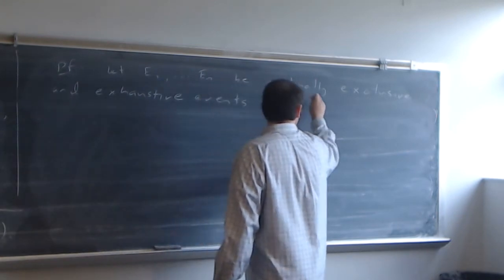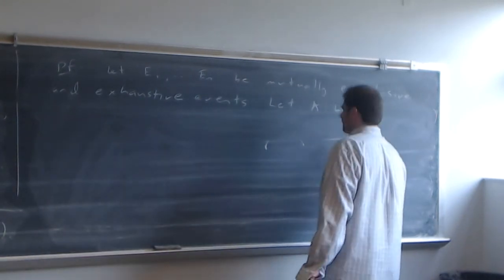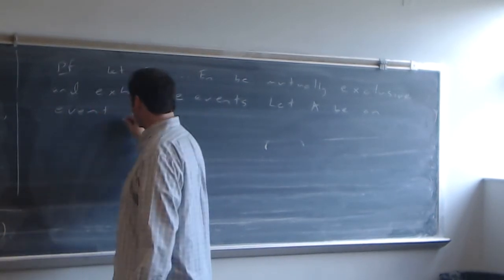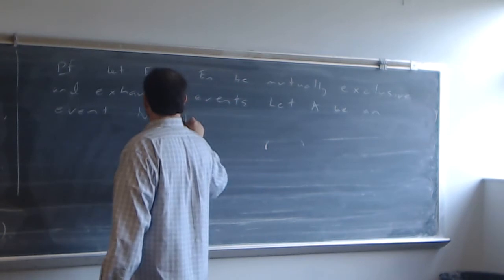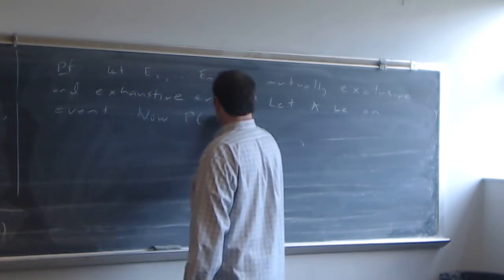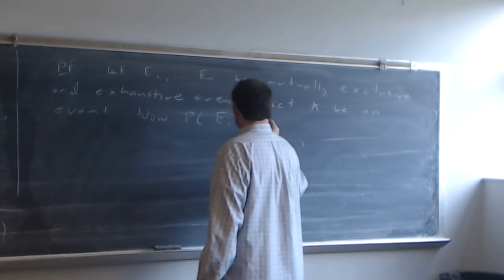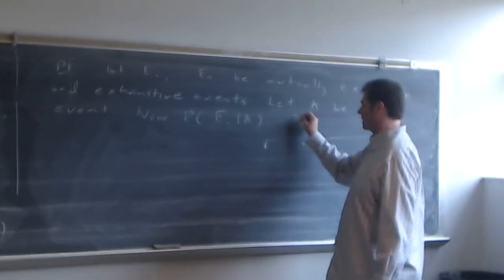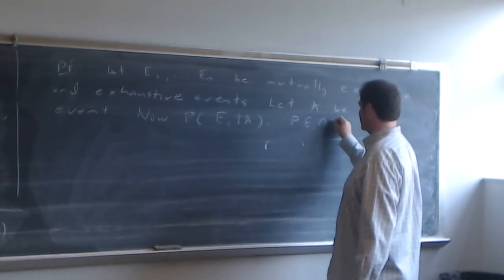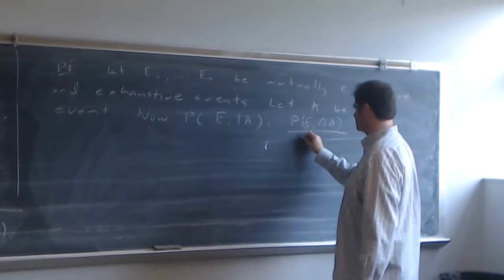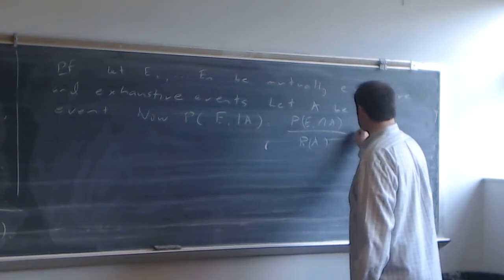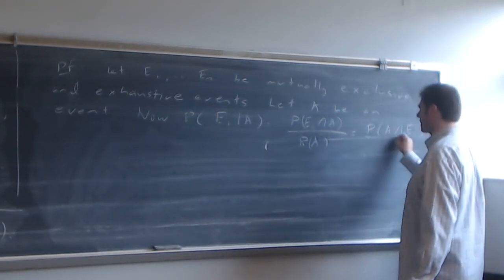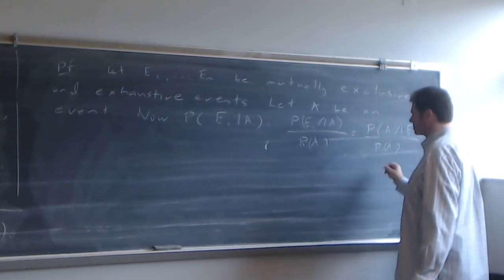I'm going to let A be an event. Now, the probability of E1 given A is equal to, by definition, the probability of E1 intersect A over the probability of A, which I'll rewrite as the probability of A intersect E1 over the probability of A.